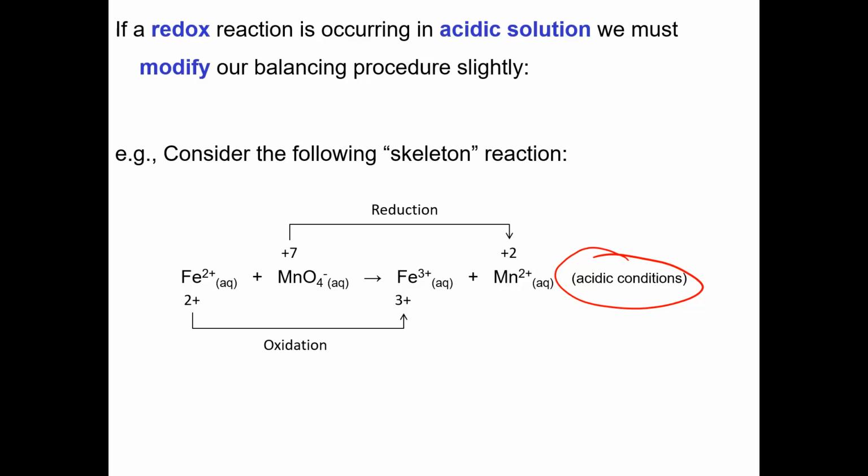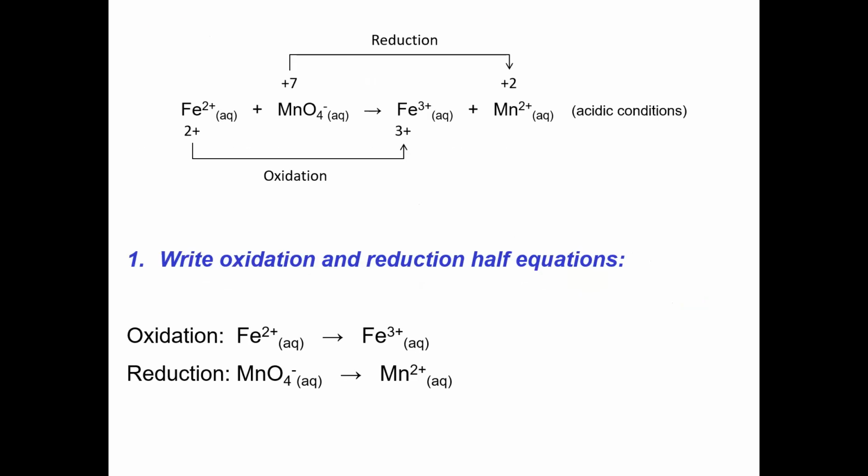So we're going to break this into oxidation and reduction equations, one for the iron and one for the permanganate ion, MnO4-. And I should point out, you don't need to identify what is being oxidized and reduced before breaking your reaction into half equations. I'm just doing it for the fun of it.